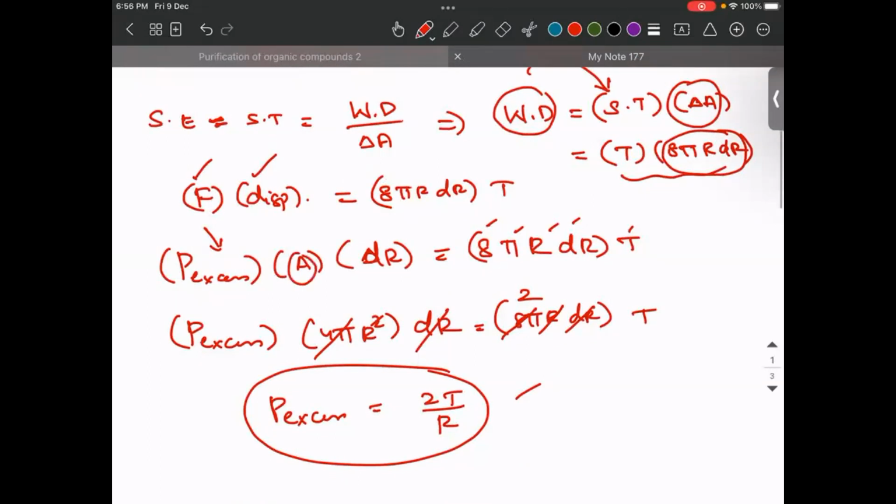So P excess into the area of the sphere, which is 4 pi r square. Substituting all these values, we got the excess pressure inside the liquid drop to be 2 into capital T divided by r.